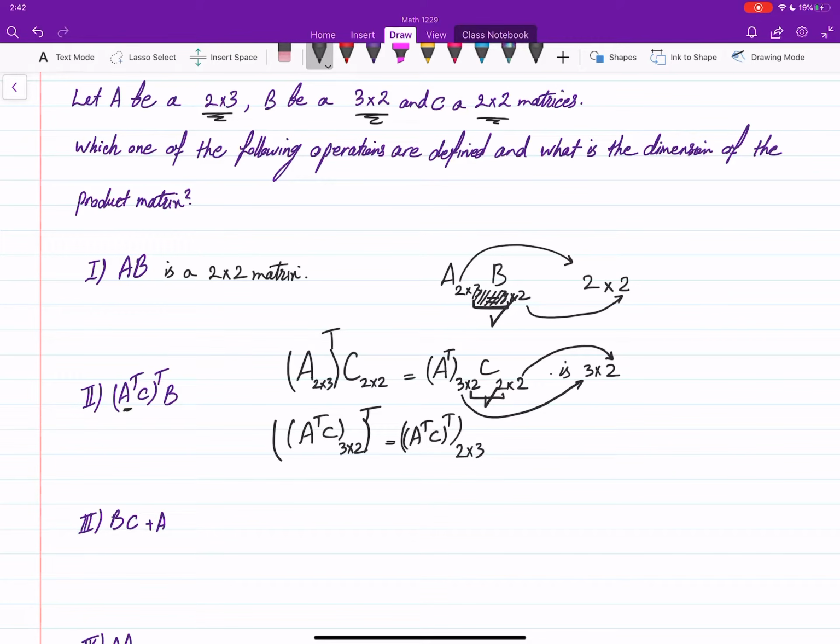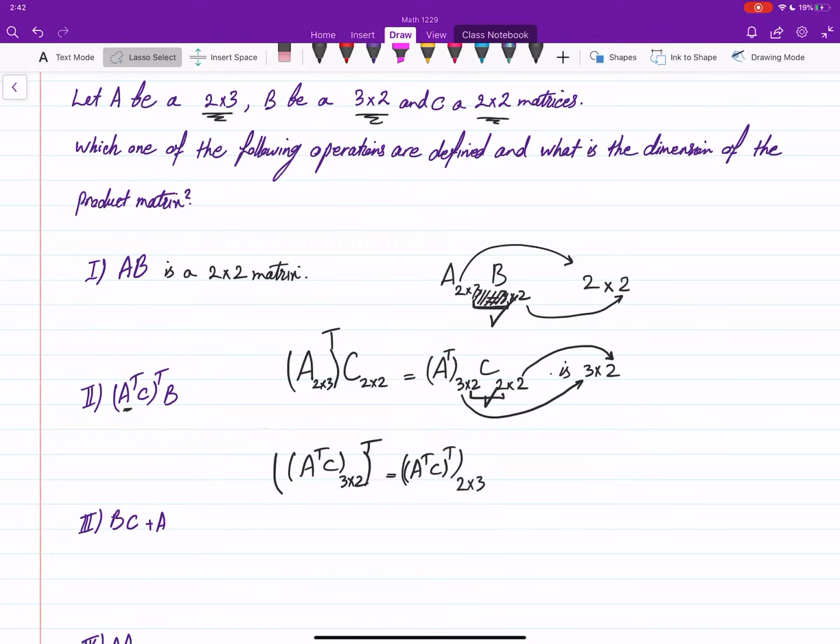We are supposed to find the product of this with B. B itself is what? 3 by 2.